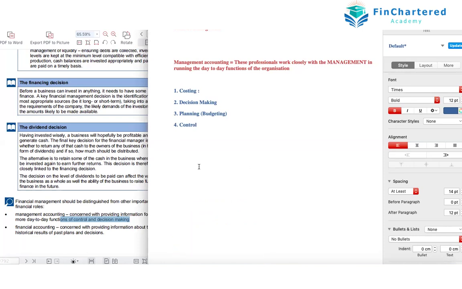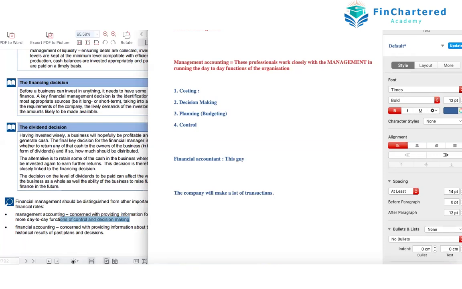Versus, what does the financial accountant do? See guys, management accountant is related to managing the organization, correct? Financial accountant, the company will make a lot of transactions, correct? You will buy, you will sell, you will buy, you will sell.